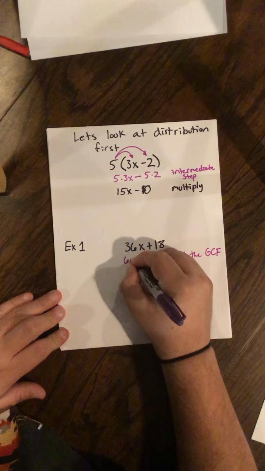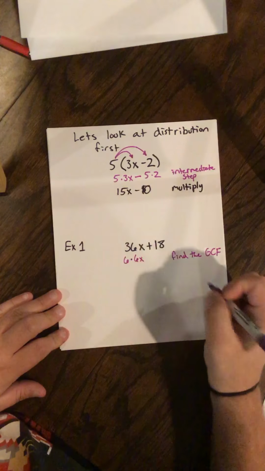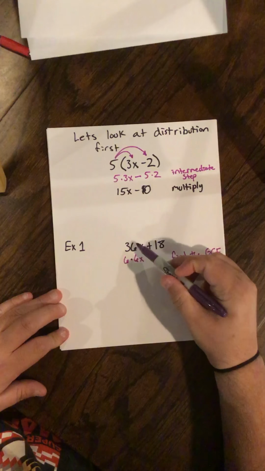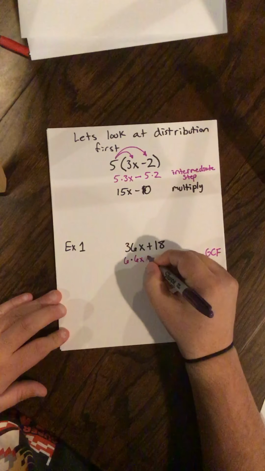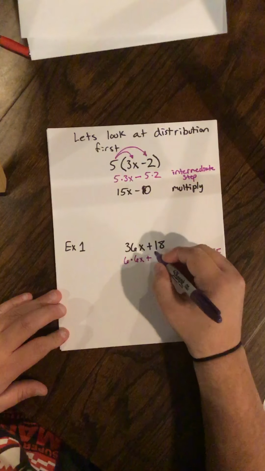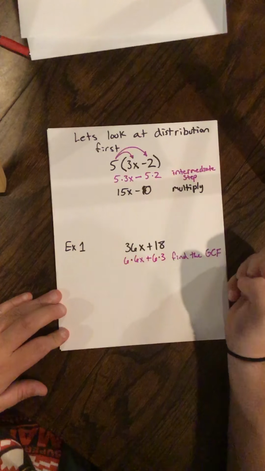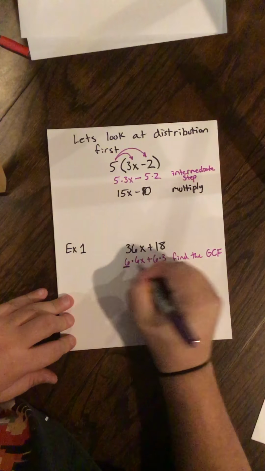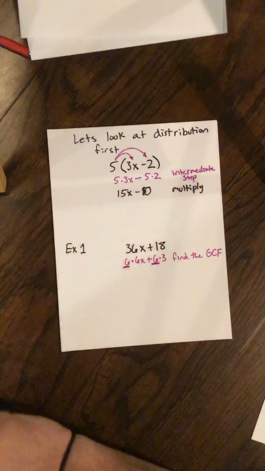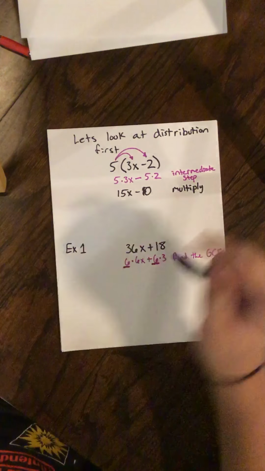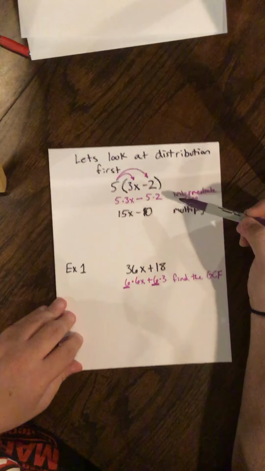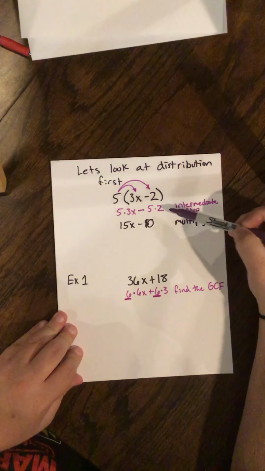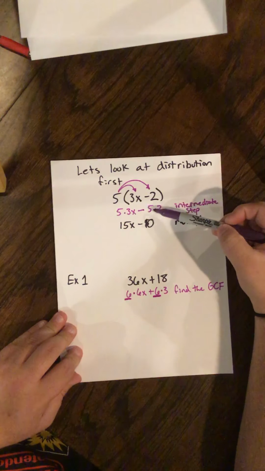Okay, so I've got 6 times 6x, and if you multiply that out, you're going to get 36x. And I've got plus 6 times 3. So there's my greatest common factor, that 6 and that 6 out front. Okay, and what we know now, if you look at this intermediate step, if we go back a second, what we know is that we can go from this to this.